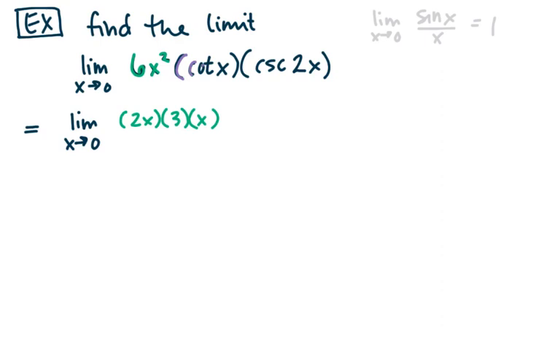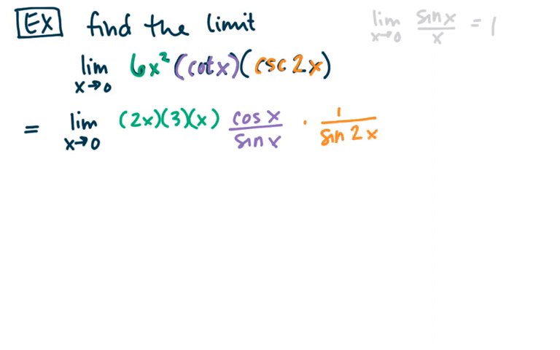Cotangent x is cosine x over sine x, and cosecant 2x, right? Cosecant is reciprocal to sine, so this is the same as times 1 over the sine of 2x.